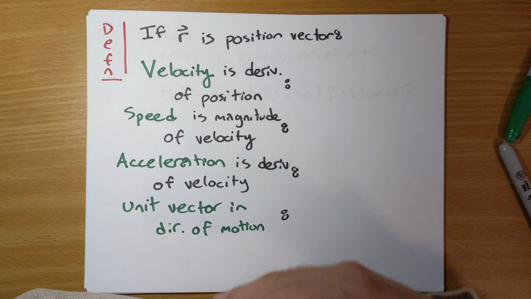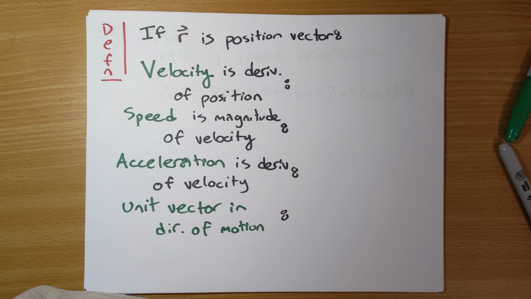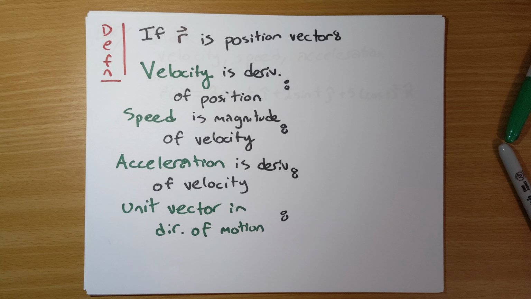So let me write down here some definitions riffing off of this. If we're thinking of it as a position vector for some particle, for some object moving through space, velocity is the derivative of position.